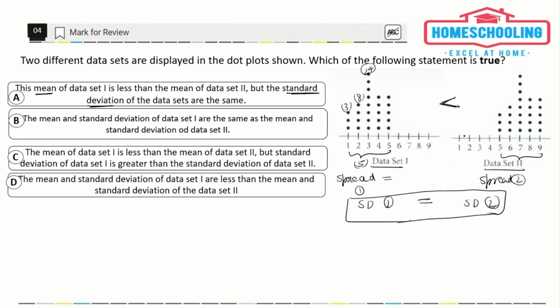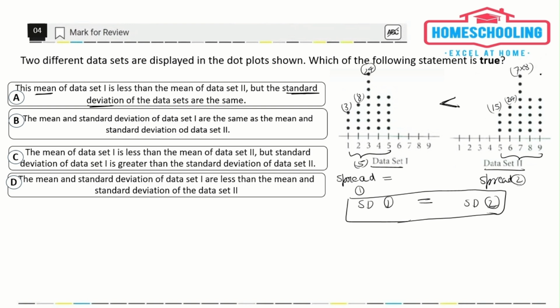But similarly in data set 2, we have 3 data points, but the corresponding value, instead of 1, is 5. So 3 into 5, that would be 15 here. Similarly, here it was 4 data points and the value was 2, but here 4 data points are there and the corresponding value of each data point is 6, so 6 into 4, 24. Similarly 7 into 8. So as we can see, the numbers are higher here.